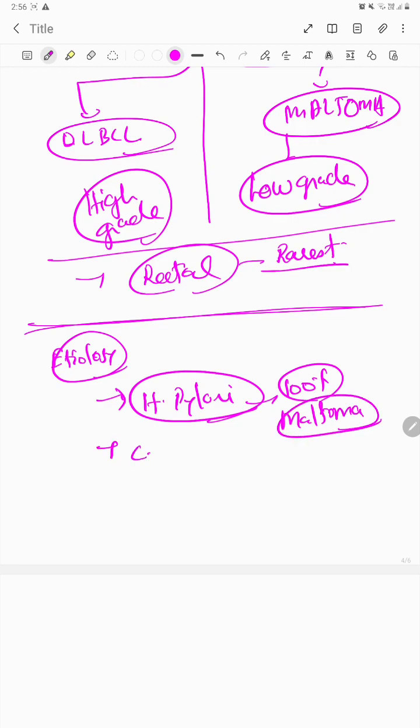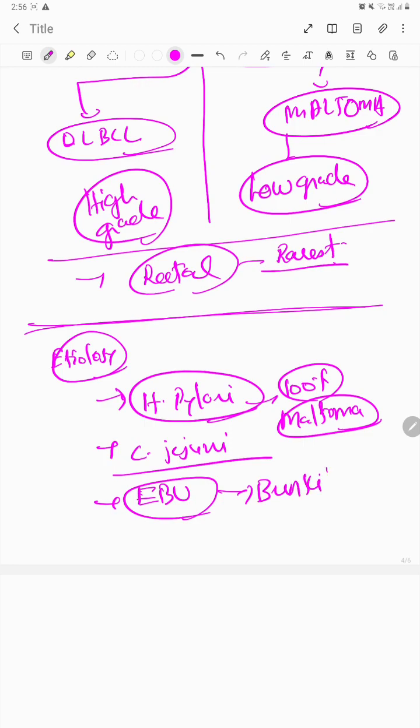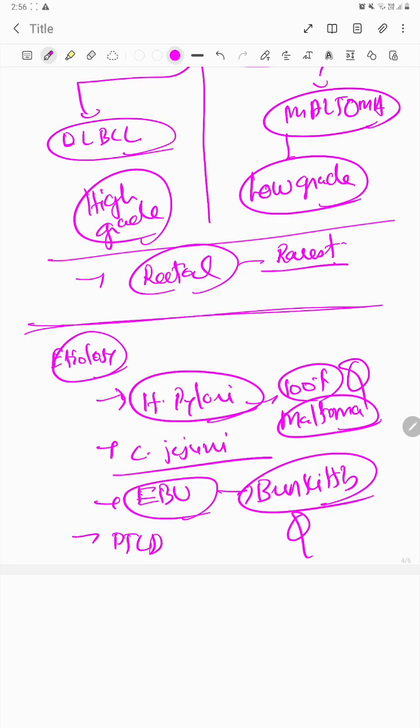Another etiology will be Campylobacter jejuni and Epstein-Barr virus, especially in cases of Burkitt's. Others will be PTLD, post-transplant lymphoproliferative disorder, celiac sprue, and IBD.